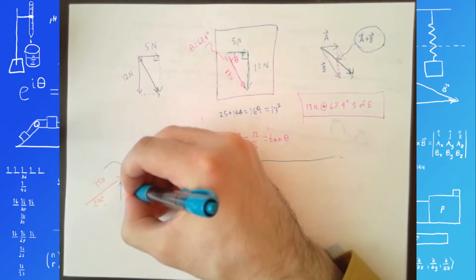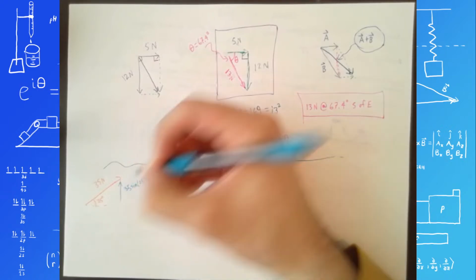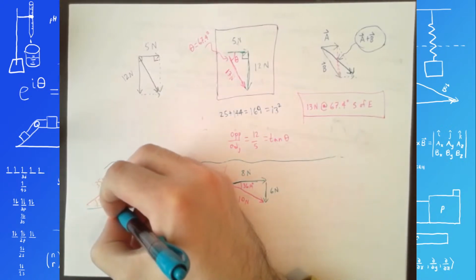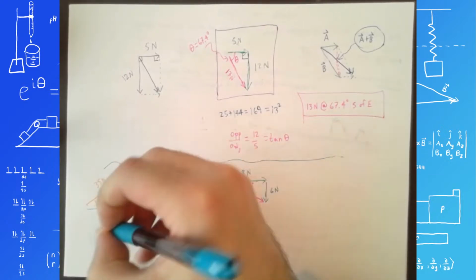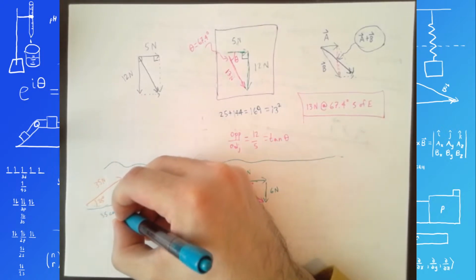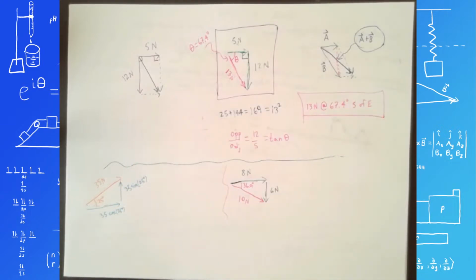So this would be 35 sine of 25 degrees. This would be 35 cosine of 25 degrees. And then that will give me their magnitude, and then I have to look at their direction.